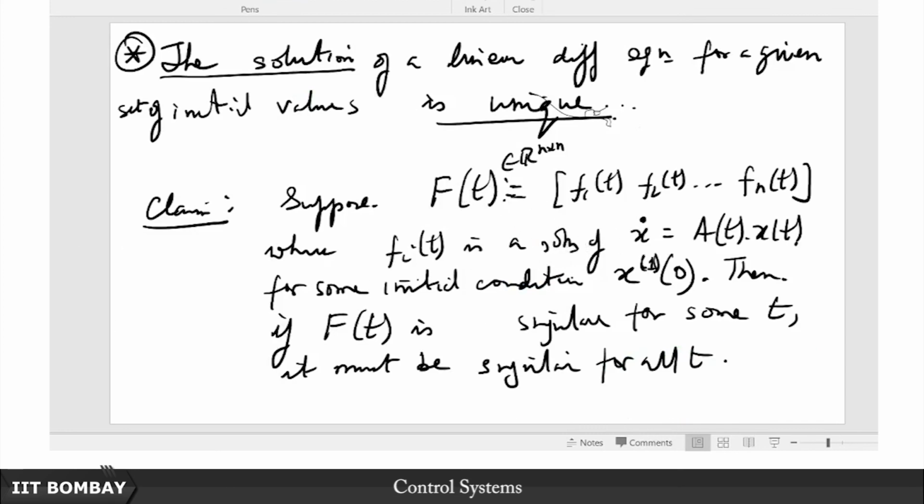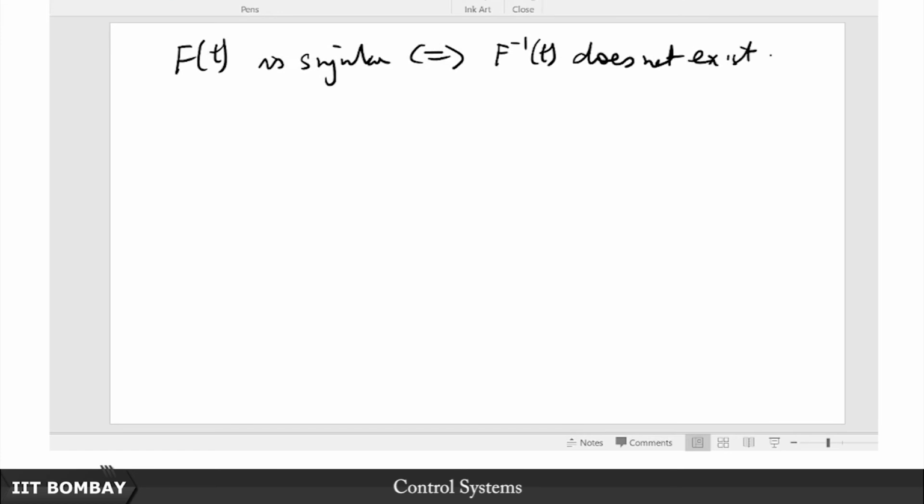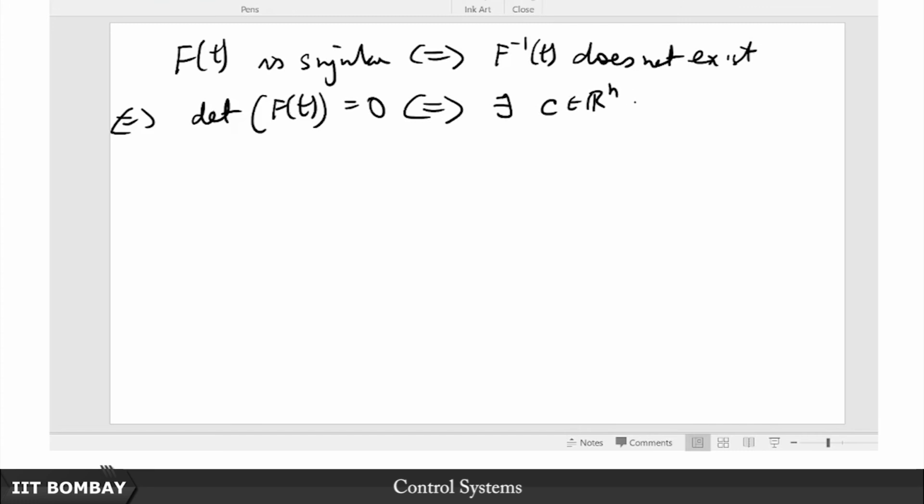what does it mean to say that F(t) is singular? It just means F inverse of t does not exist. It also means, both ways, that the determinant of F(t) is equal to 0, and it also means that there exists C, an n-tuple of numbers, such that C is not identically the 0 vector, and F(t) times C is equal to 0.